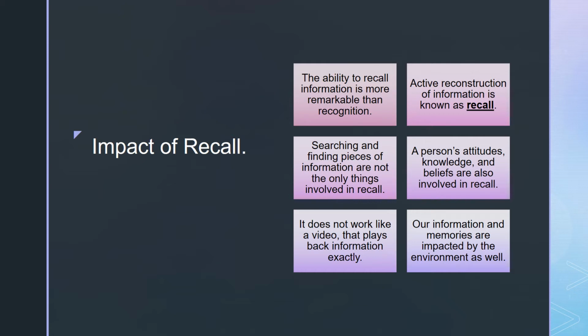For example, a simple conversation may use a large amount of recall. A person's attitudes, knowledge, and beliefs are also involved in recall. It doesn't work like a video that plays back the exact information. It can be impacted by our environment as well.